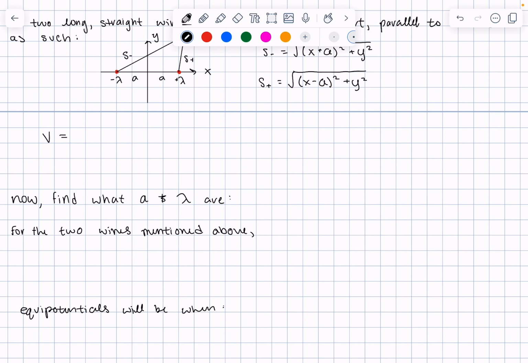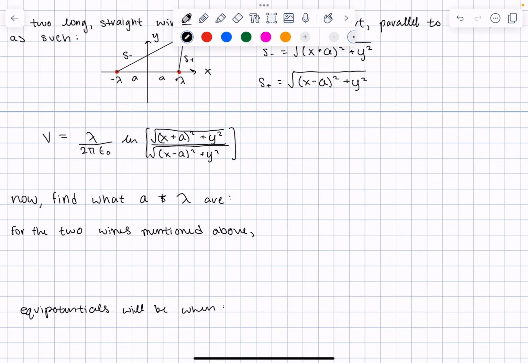So then we can rewrite our total potential as lambda over 2 pi epsilon naught ln of the square root of x plus a squared plus y squared over the square root of x minus a squared plus y squared.